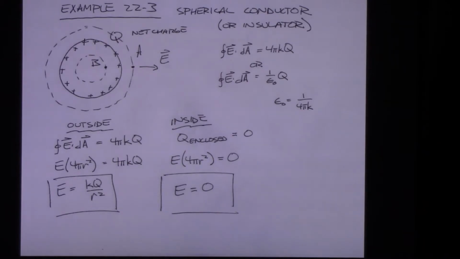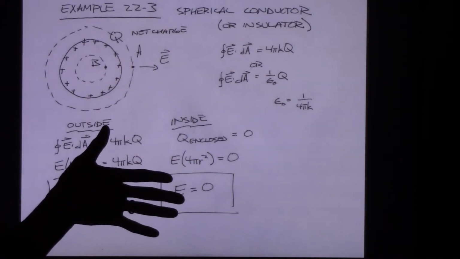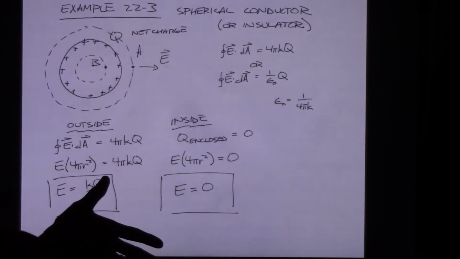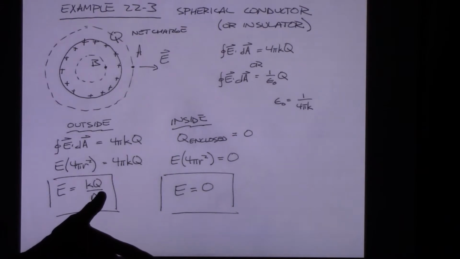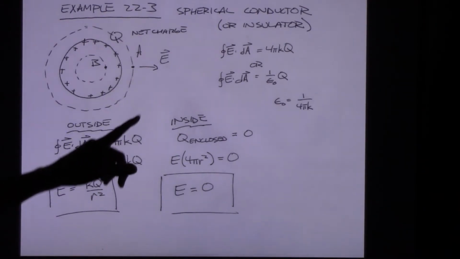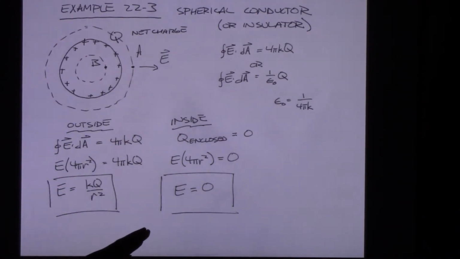So we saw examples of that when we were doing direct integration. We saw examples where E fields from one set of charges would cancel out the E fields from other sets of charges. Gauss's law tells us when that's going to happen.